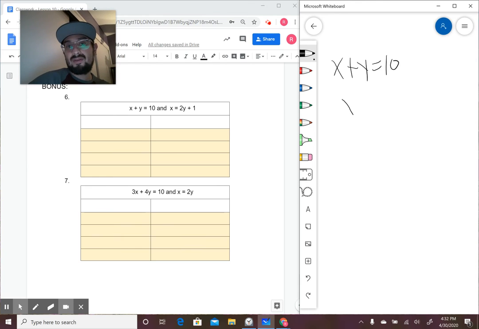They have x solved for. So you take that x and you place it here.